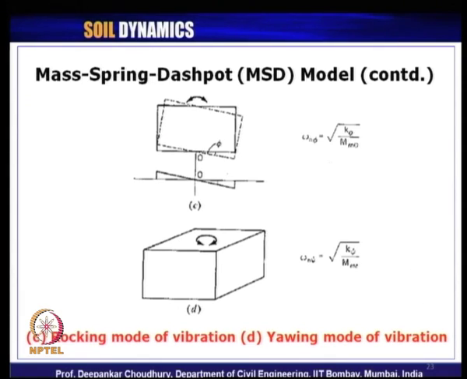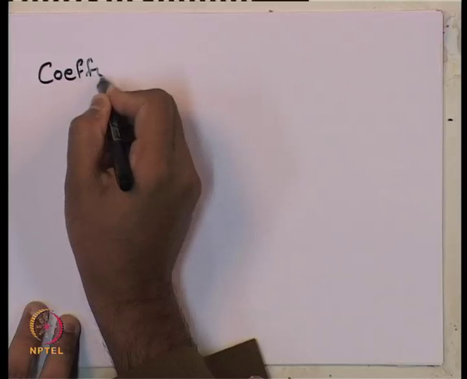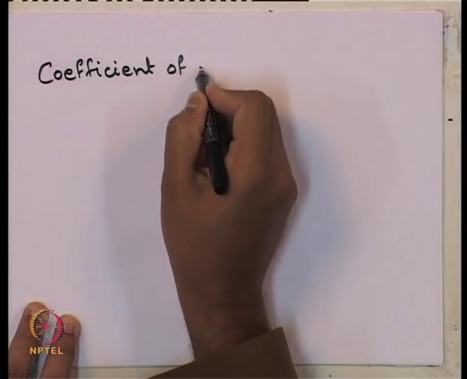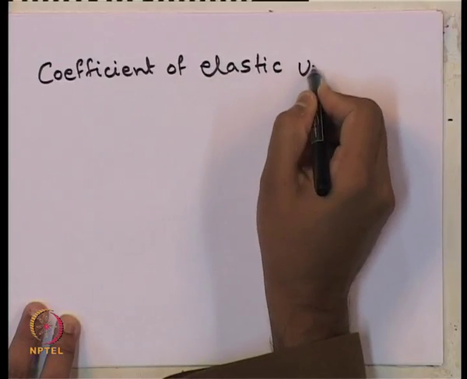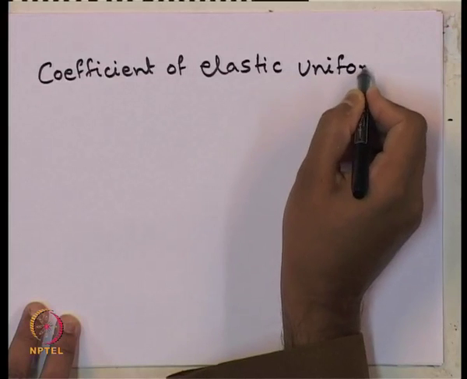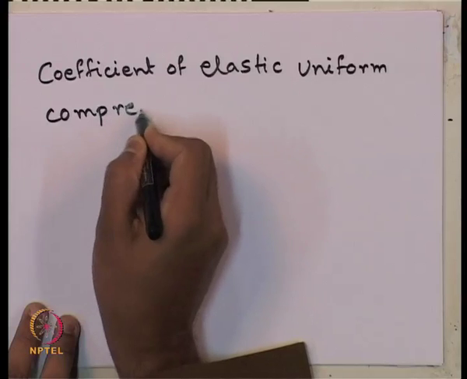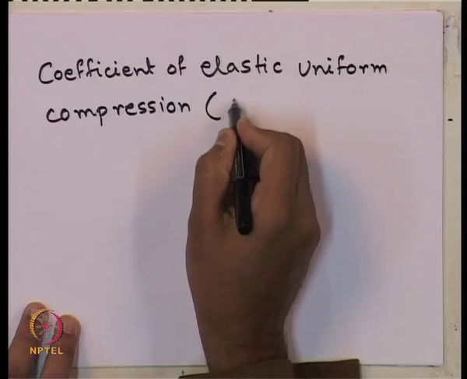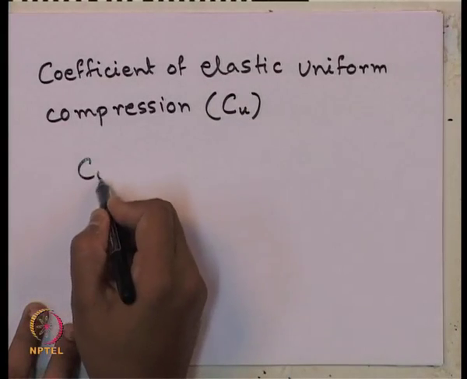Okay. Now, let us define some terminologies. Coefficient of elastic uniform compression. This is generally denoted by Cu. So, what is Cu?